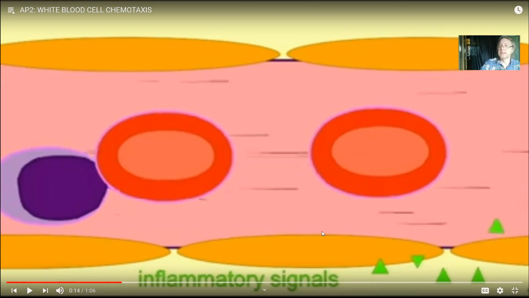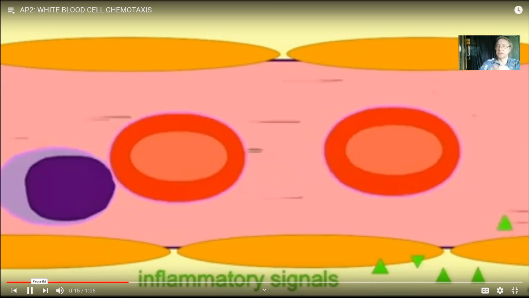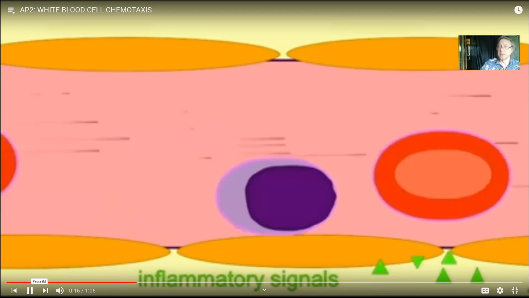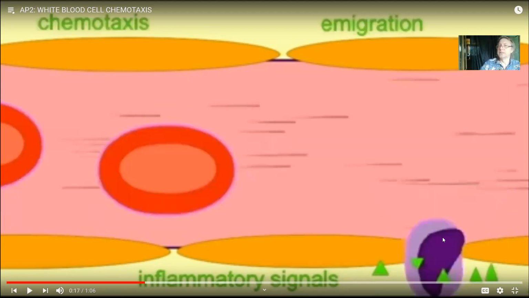First off, white blood cells are looking for signals. For example, if this tissue is inflamed, inflamed tissues produce signals. So here are signals showing that there is a problem. There's an infection, there's tissue damage, there's inflammation. And now these white blood cells can squeeze out in between the endothelial cells which line the blood vessel. So these white blood cells are demonstrating two properties that red blood cells lack.